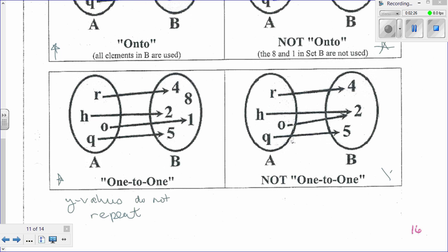And for this one over here, it is not one-to-one because the y values repeat. We could say that H mapped to 2 and O mapped to 2. So the 2 was used twice.